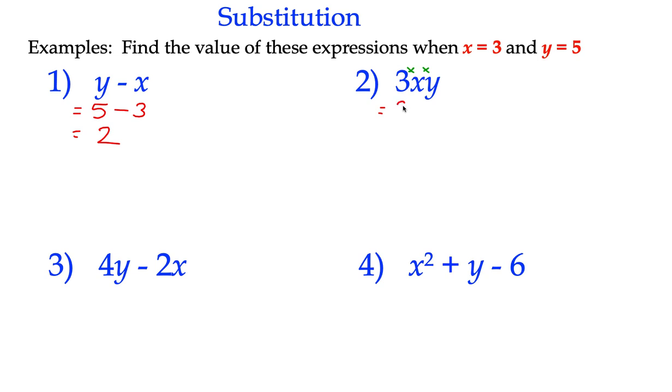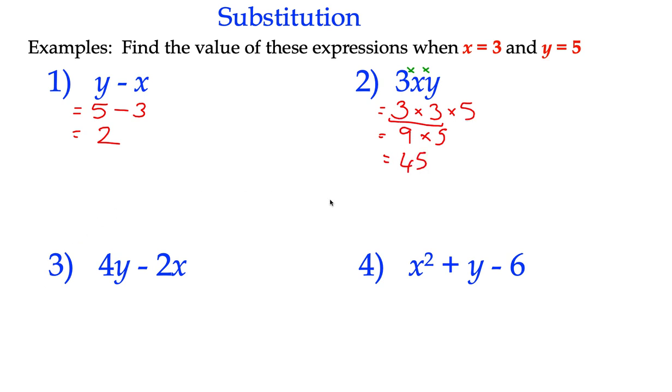So the 3 here will be 3 multiplied by x, which is 3, and y, which is 5. We can write all that out and do the calculation in one go if you want, or in two. 3 multiplied by 3 is 9, so you could say 3 times 3 is 9. I've still got to multiply by 5, so my answer is 45, or you could do that in one go.